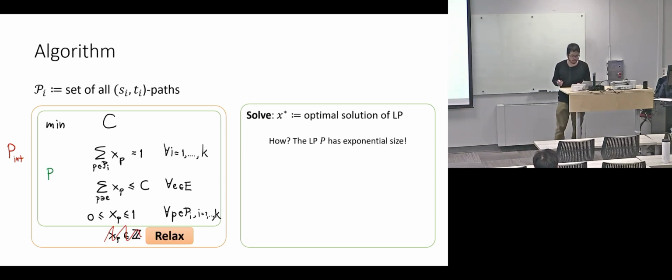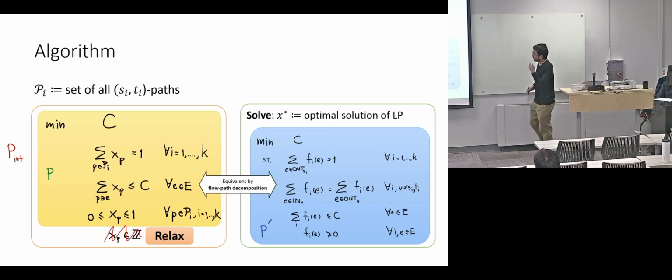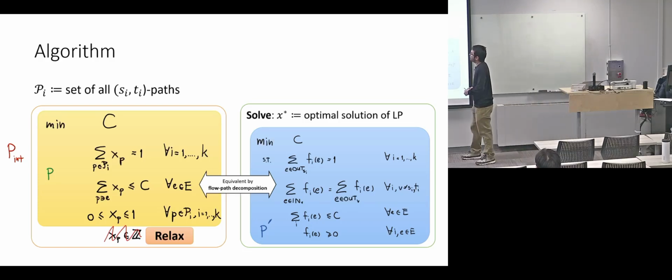I claim that you can write down another LP here that is now of polynomial size. It's equivalent to this one in the sense that once you get the flow solution here, you can extract the set of paths here.